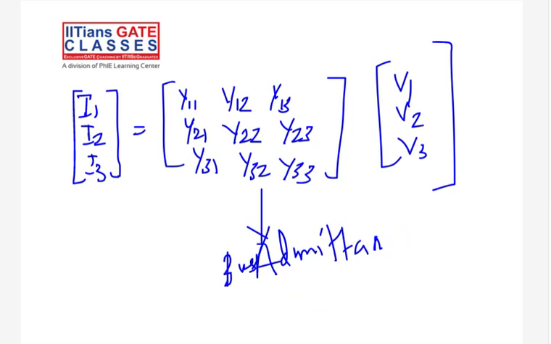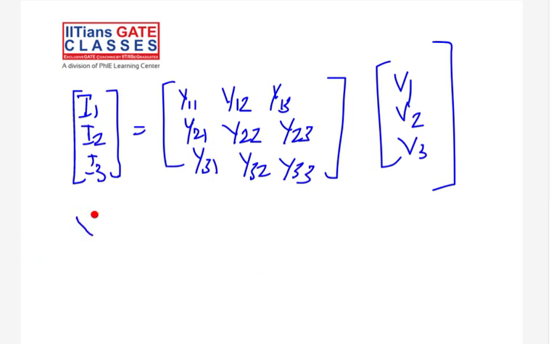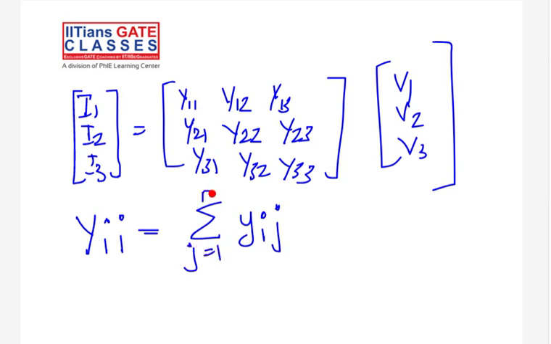So where you can say capital Y I. The diagonal element will be the sum of all the Yij where j is equal to 1 to n.